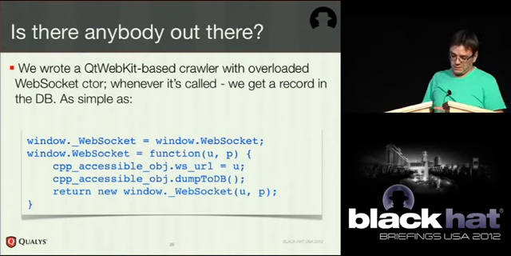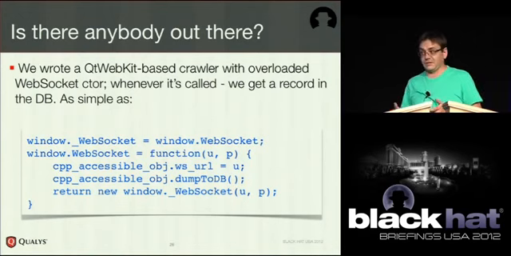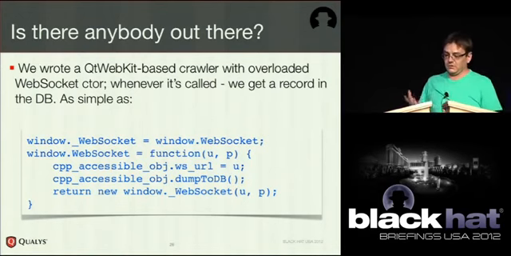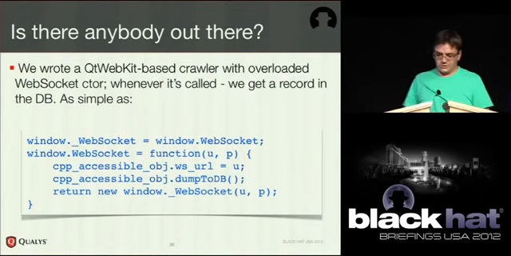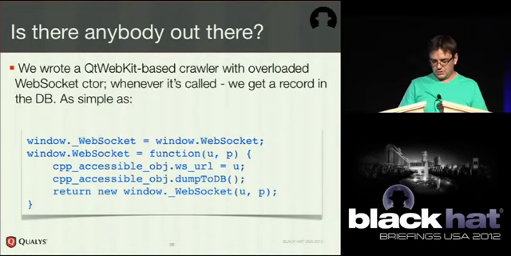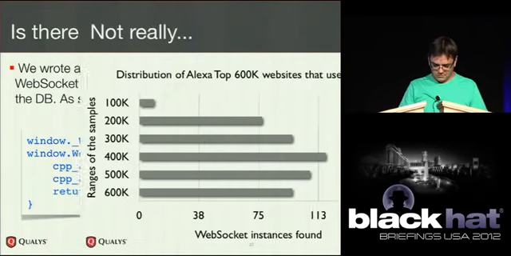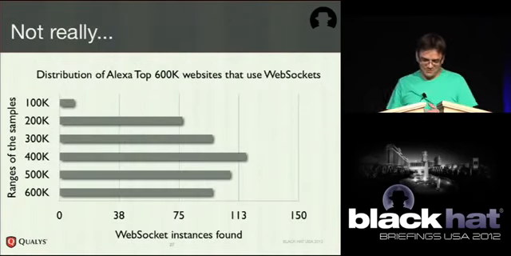This approach might not cover some cases, like if a user interaction is needed to instantiate a WebSocket, like somebody needs to click something to create it, but we think this should show us pretty much the real picture of WebSocket usage. And the results are pretty frustrating.